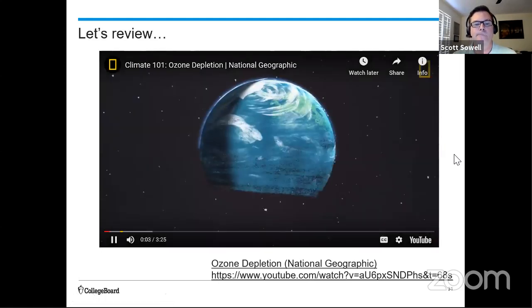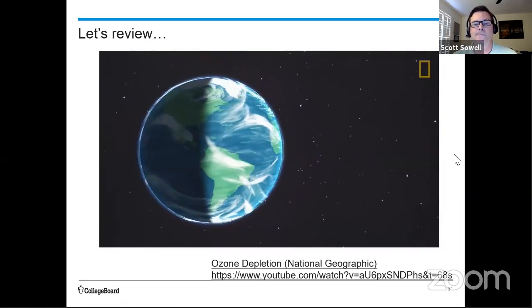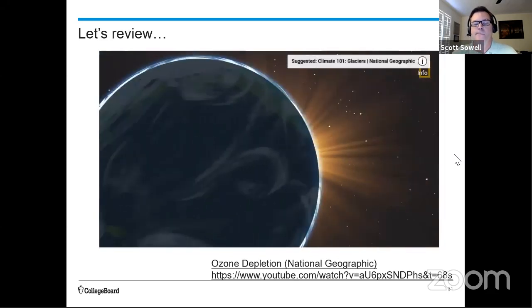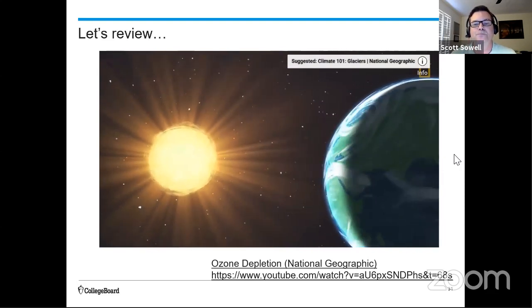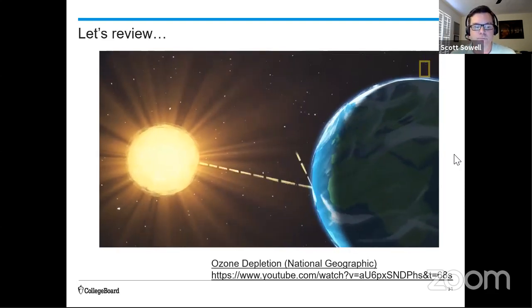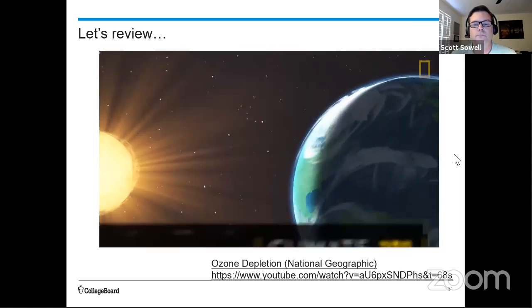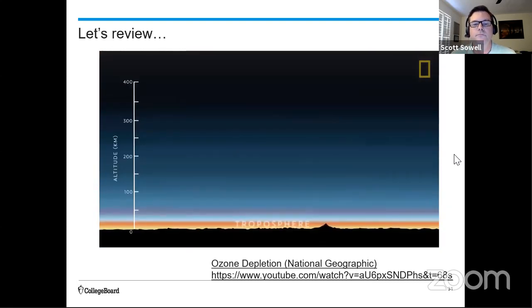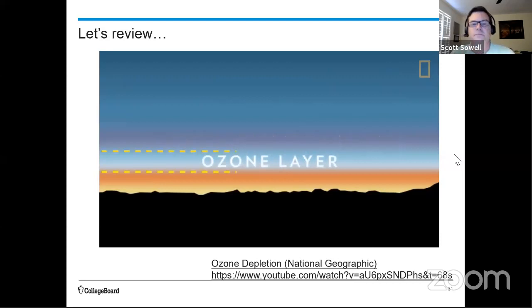15 to 35 kilometers above Earth's surface, a gas called ozone surrounds the planet. The ozone layer acts as a barrier between Earth and ultraviolet radiation from the sun. However, pollution has caused the ozone layer to thin, exposing life on Earth to dangerous radiation. Earth's atmosphere is made up of 6 layers. The second layer, called the stratosphere, contains the ozone layer.